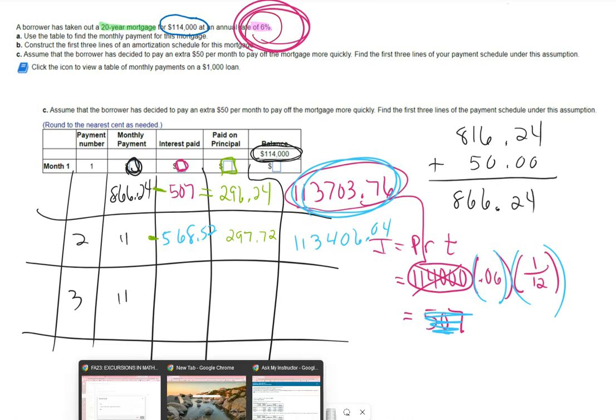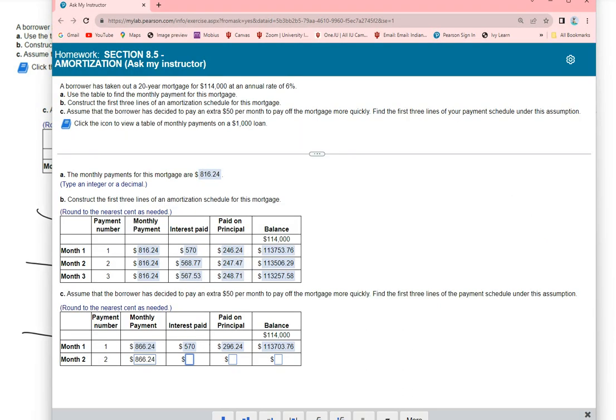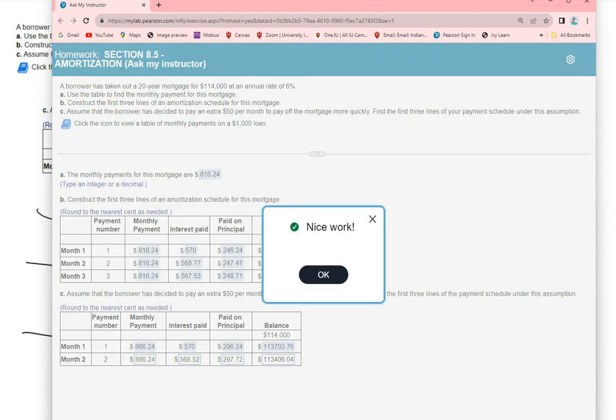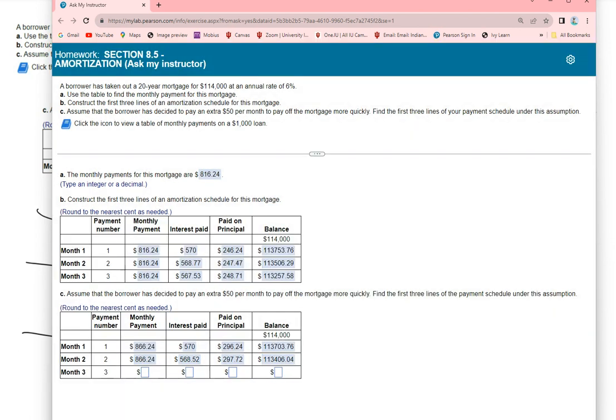Okay, so let me go back to my math lab and type all that in. So this is 568.52 and 297.72 and a new balance of 113,406.04. There you go. And then it'll do it one more time.